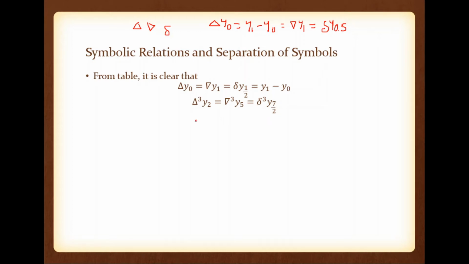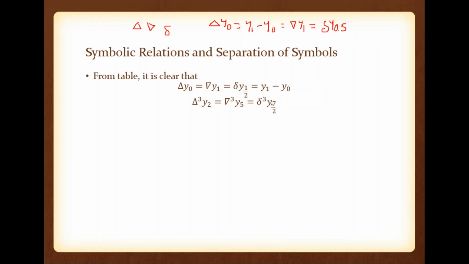Okay. Or if you have this term del cube y5, and you are asked to find the forward term, forward means replace del with delta. Now what about 5? We are finding forward, so subtract 3 from this 5. So 5 minus 3 we have 2. What about central?